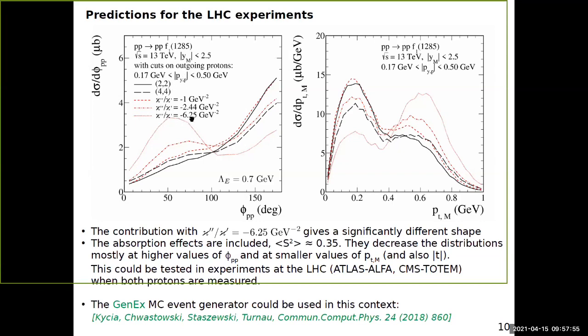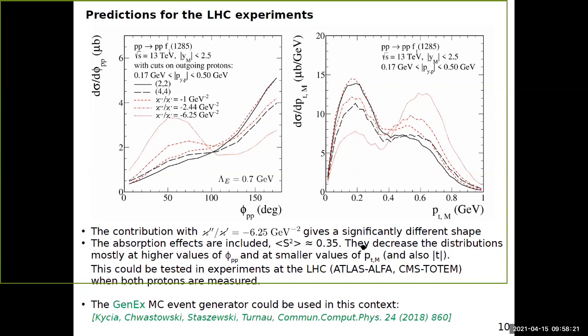And here are our results for different contributions for different couplings. You can see clearly that the contribution with the dotted red line, which corresponds to this ratio, gives a significantly different shape. So when the absorption effects are included, the gap survival factor is smaller than for smaller energies.